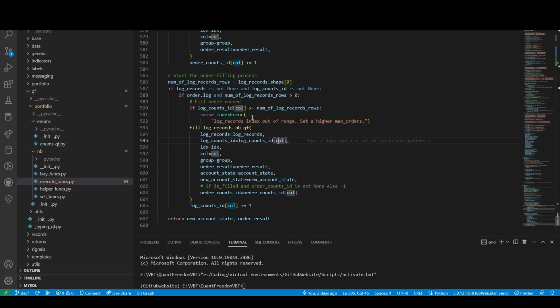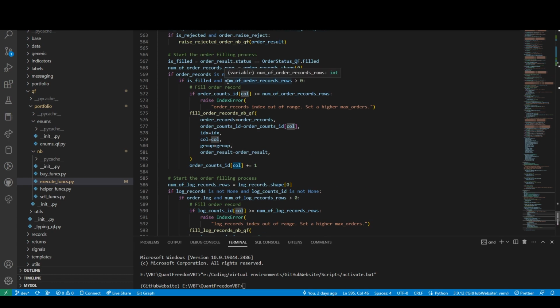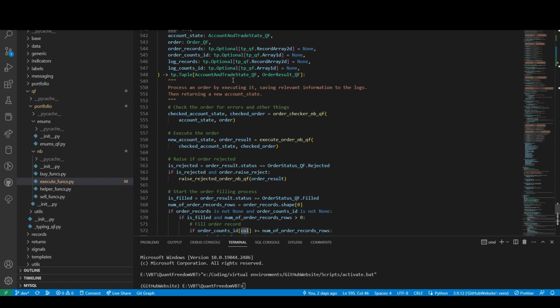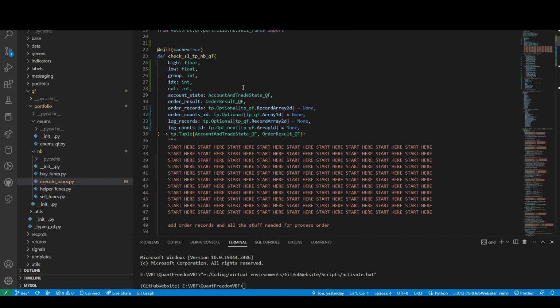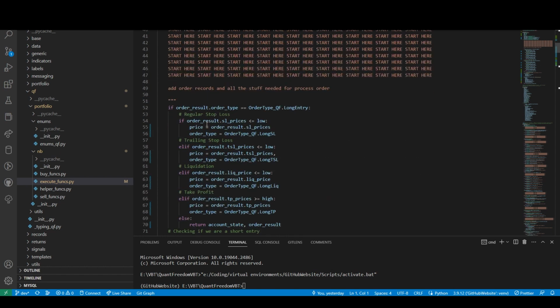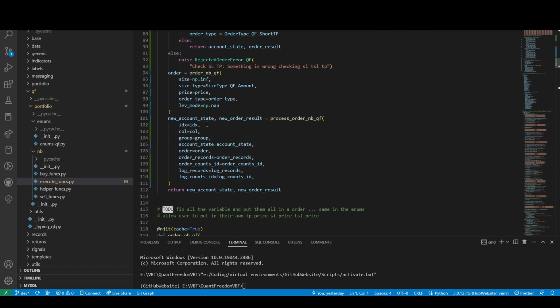I just realized that the log records and order records are optional. So now I have to figure out here, I guess it would just be like if order records are none and log records are none, I have to do 3 different process order NBs.